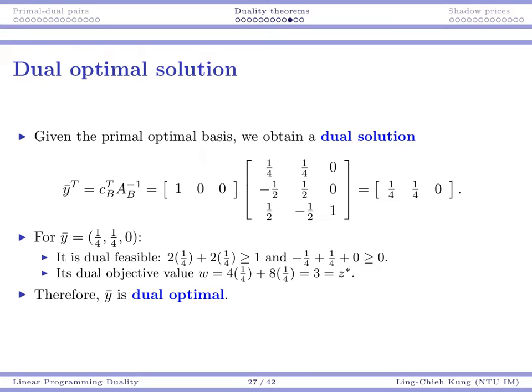If you need to run 1 million iterations to solve your primal, you don't need to do that for your dual. You basically just need to do one matrix inverse and do some multiplications, and then you get your dual solution. So primal and dual are really equivalent in a sense that if you solve one, you get the other solution. If you solve the primal, you solve the dual. If you solve the dual, you solve the primal. They are just equivalent.